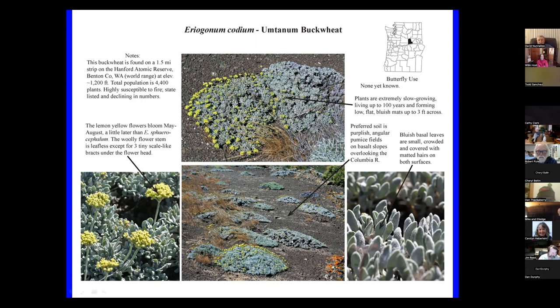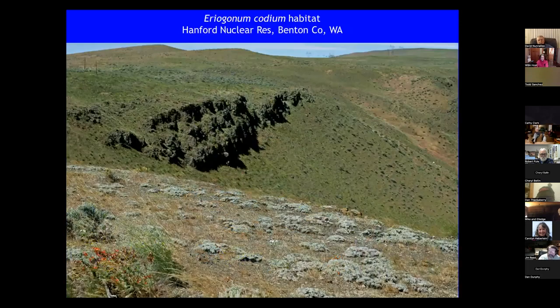They grow on this bluish fragmented volcanic rock, and the plants take on the same bluish color. That bluish color is real. That's not something wrong with my photograph. In fact, the next picture, I think this is looking across the codium in the foreground, looking to the far hill, and you can see that the far hill is green and the codium are blue.